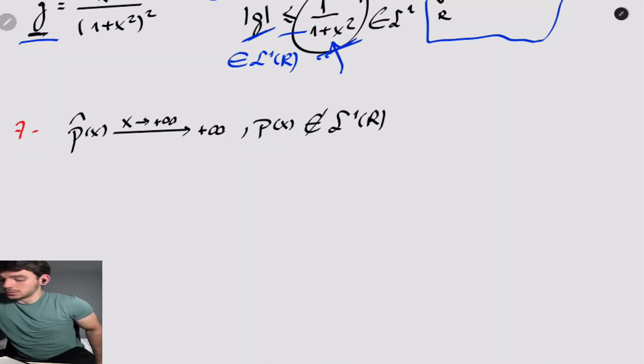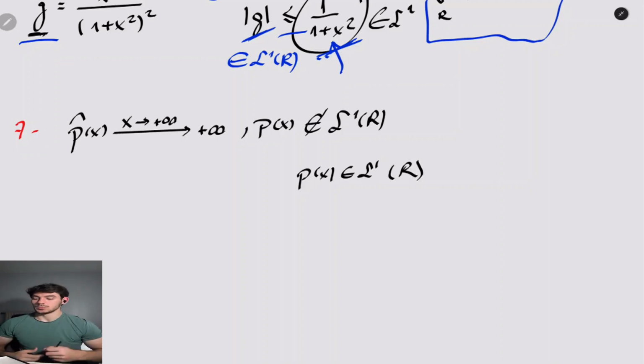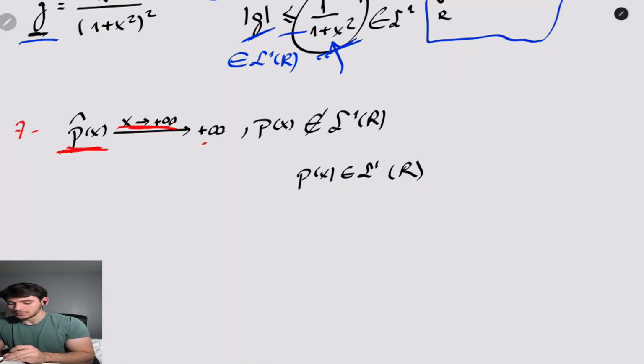So we already calculated in question 6 that p of x belongs to L1. So when the question asks us to analyze this, what we want to find is that when our x goes to infinity, we can't find out that the Fourier transform of our function p diverges.